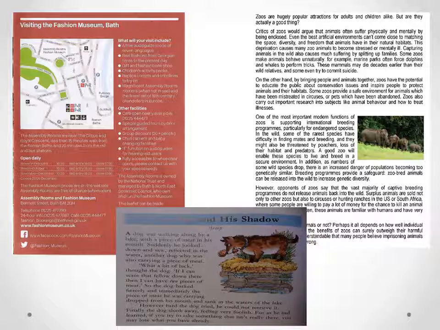So we decided on the authentic text brochure visiting the Fashion Museum, the authentic text fable, The Dog and His Shadow, and the third one, a semi-authentic text for educational purposes and argumentative essays about elephants.